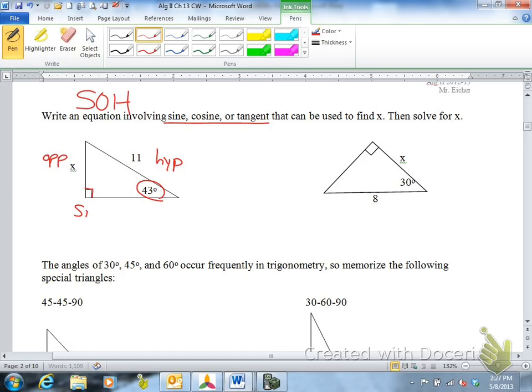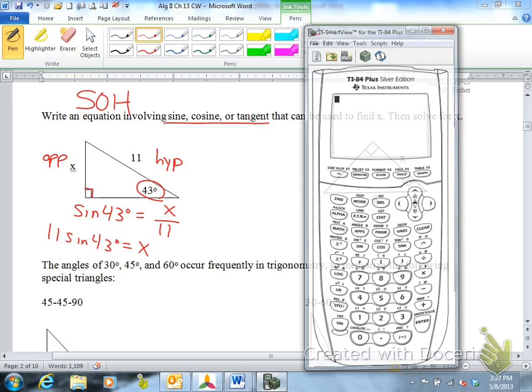So you have sine of 43 degrees equals opposite over hypotenuse. To solve this for x, you multiply both sides by 11. And you take your calculator out.